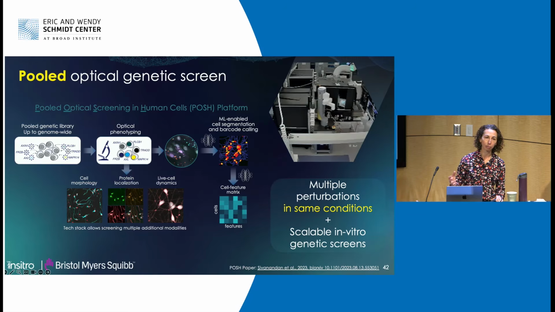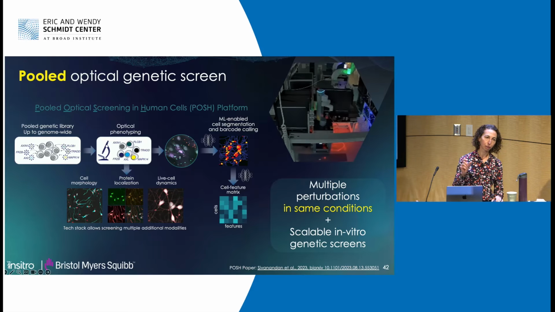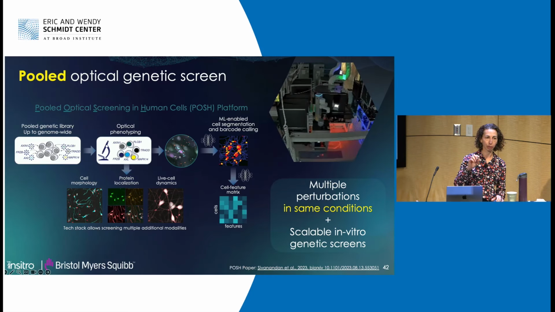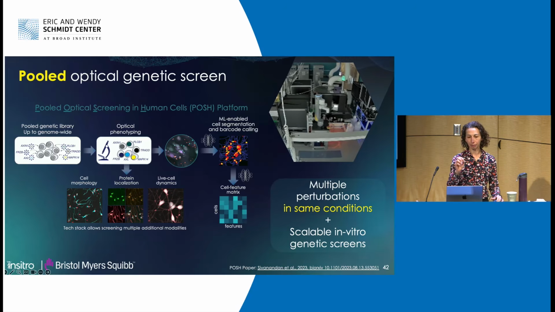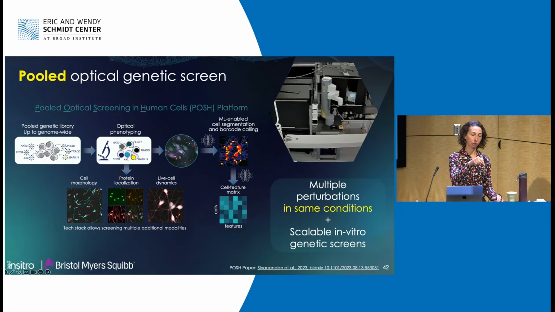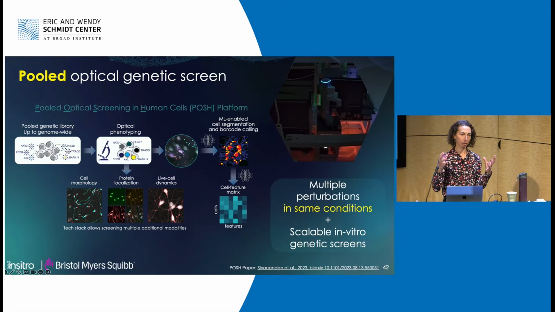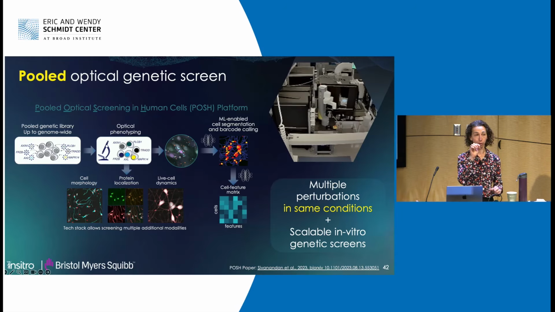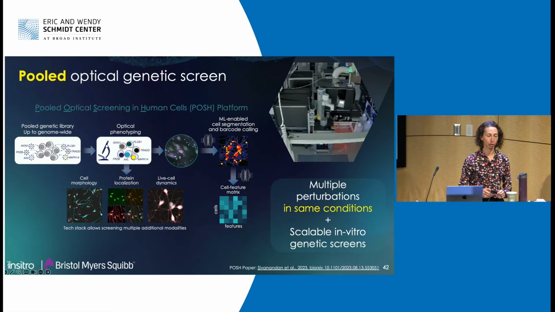One key thing about the pooled screen is that each perturbation is tagged with a little DNA barcode that we can read off so that we can identify which perturbation each cell had. So we can extract a cell by feature matrix where we have the ID for the perturbation associated with each cell.